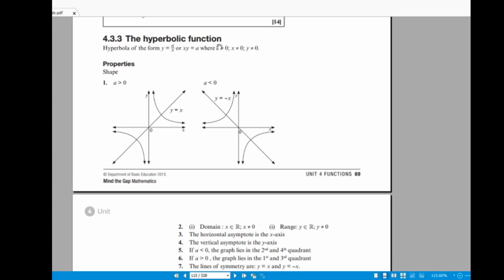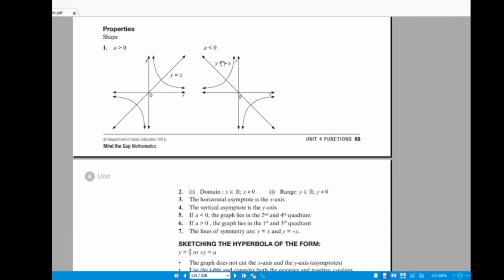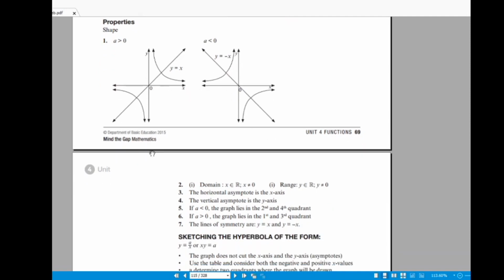But then for the other forms of the hyperbola, these lines of symmetry will also change, right? So to find an equation of those lines, the gradient will always be minus 1 or 1, right?